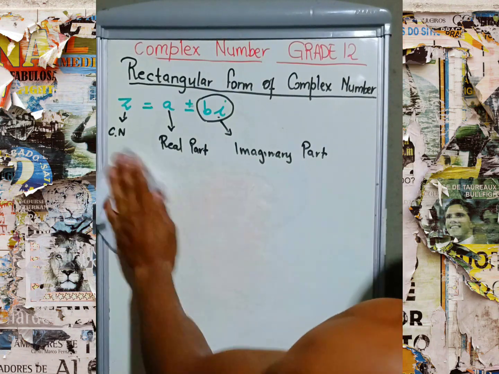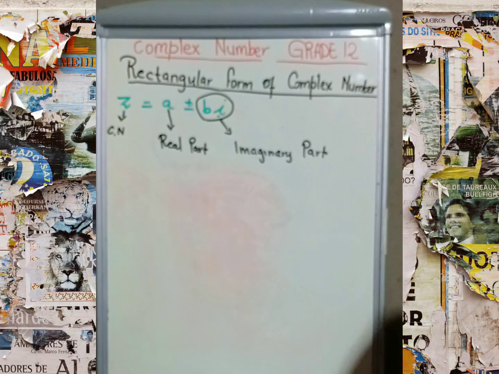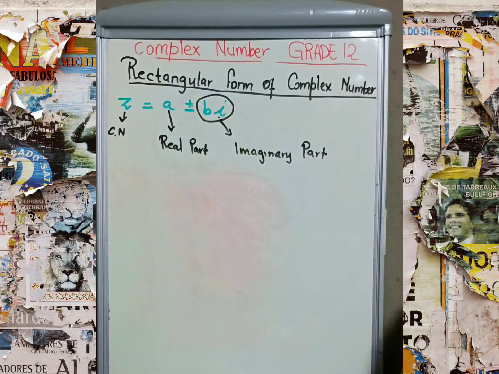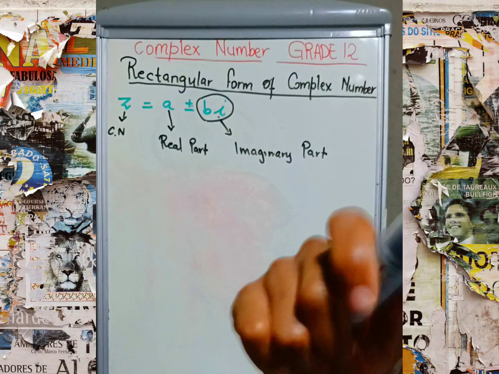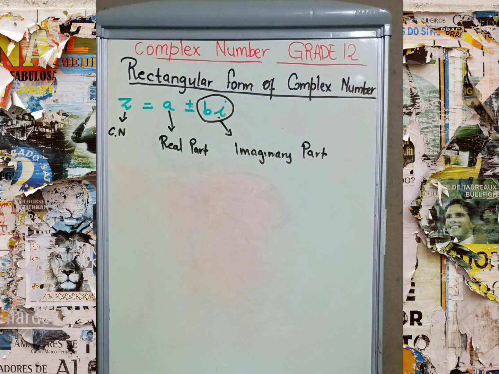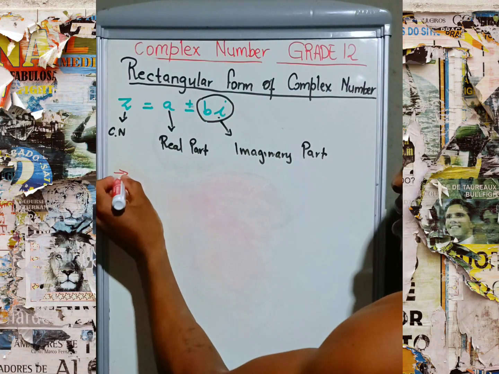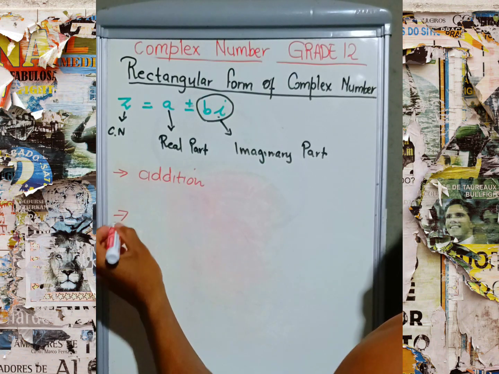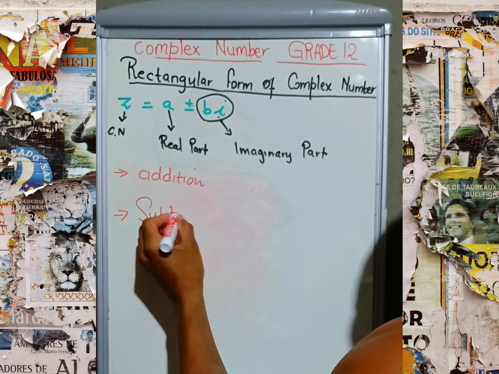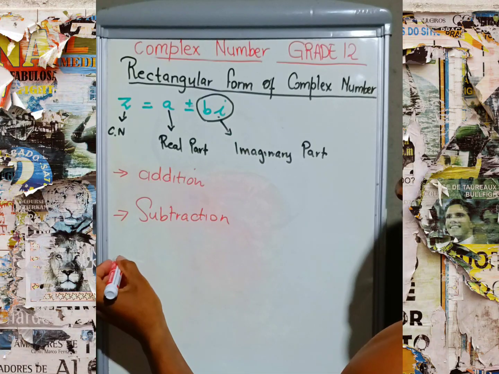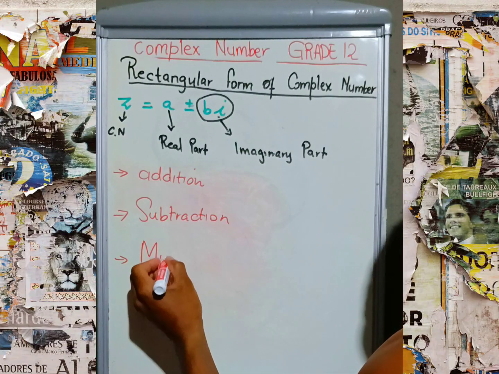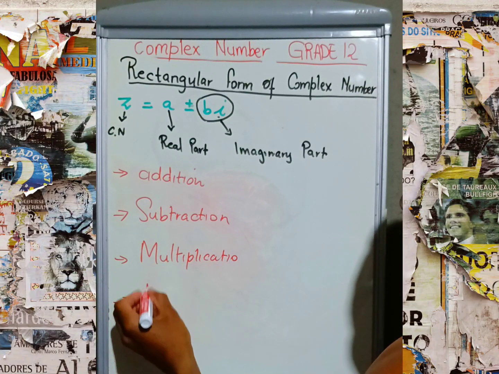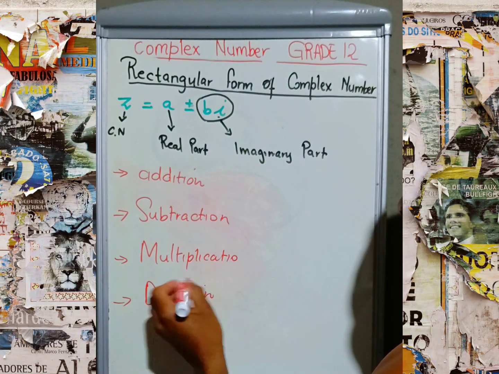Let's do the practice. We are going to get the rectangular form only if we are looking at addition and subtraction, as well as multiplication and division.